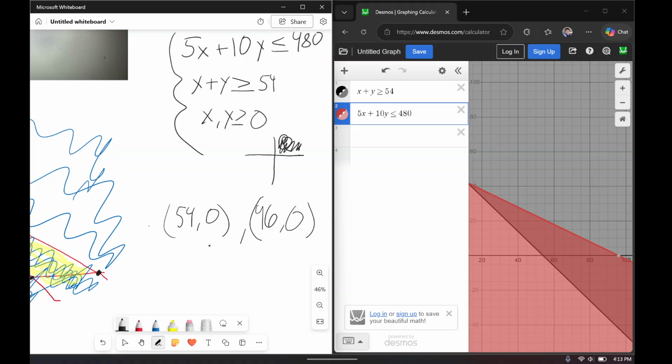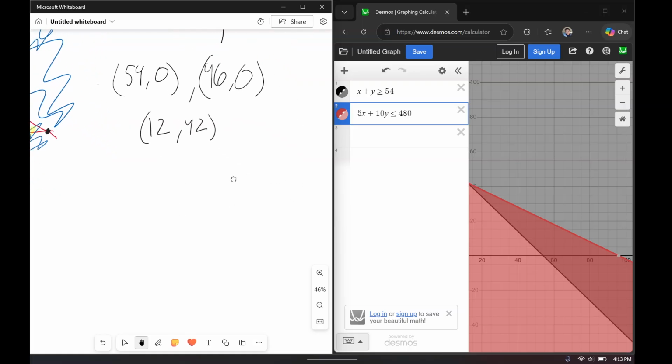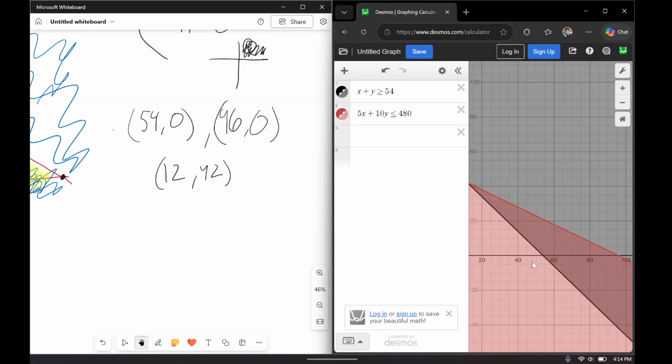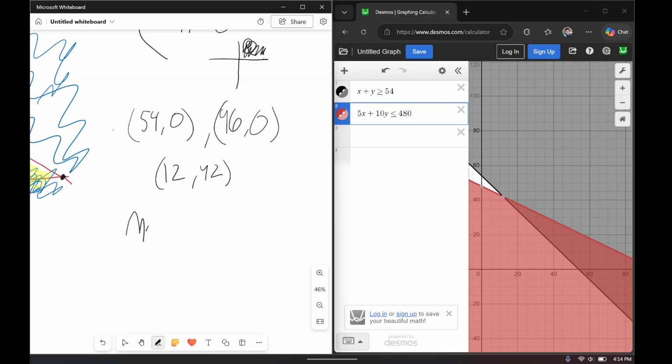And it has to have a tip of the triangle, so it's gonna be tipping at like 12, 42. That's kind of like the answer, is that little triangle thing. Again, I don't know how you're supposed to write this in an answer to a question.